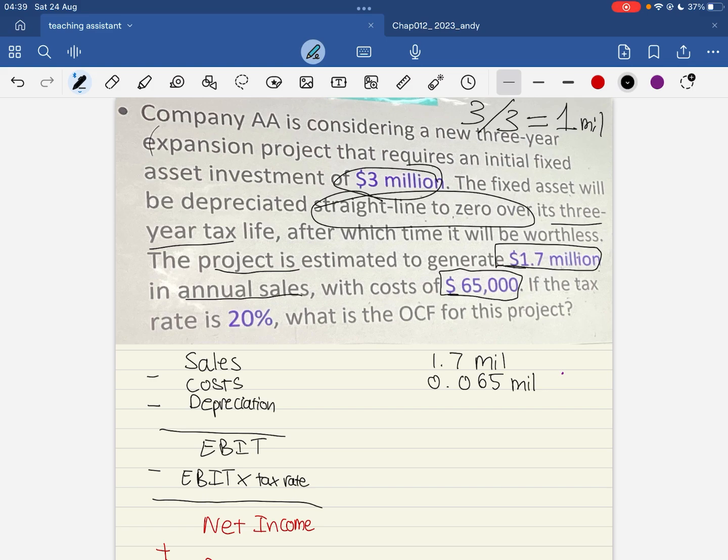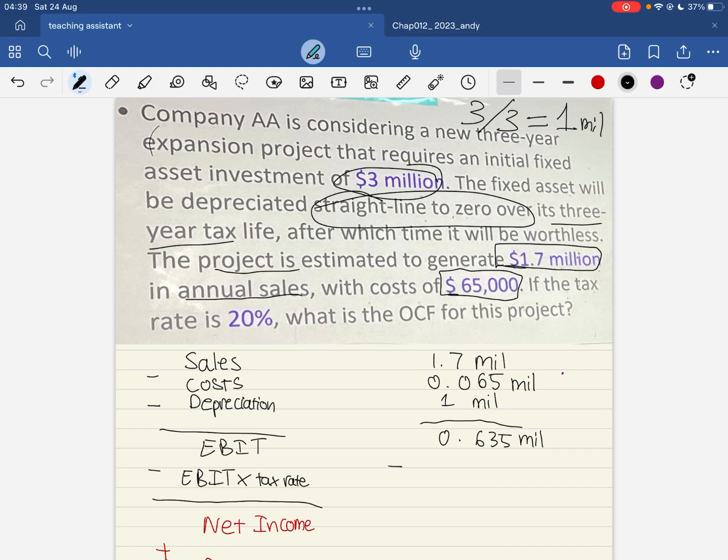So every year, the asset will be depreciated for 1 million. Therefore, the earning before interest and tax is going to be 0.635 million.